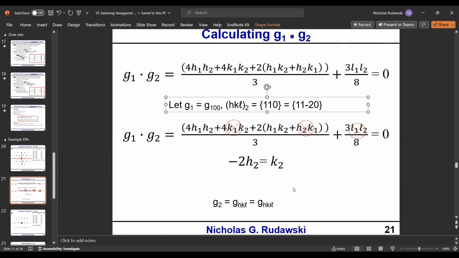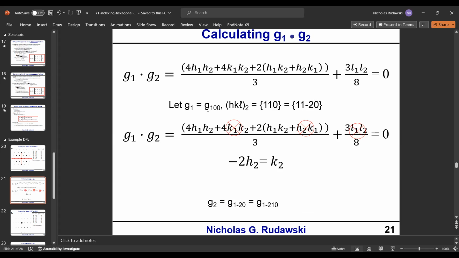Okay, so then if I have 1, 2 bar, 0, if I convert that into 4 index notation, what I end up getting is, let me put it here, 1, 2 bar, 0. I end up with 1, 2 bar, 1, 0. And that now works. Okay, so that is in the family. This is why you need the 4 index notation.